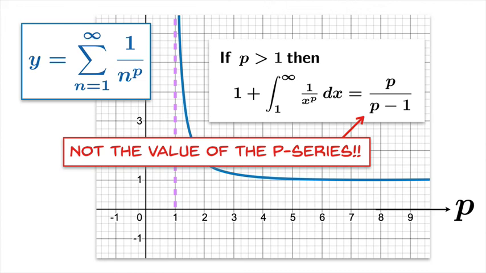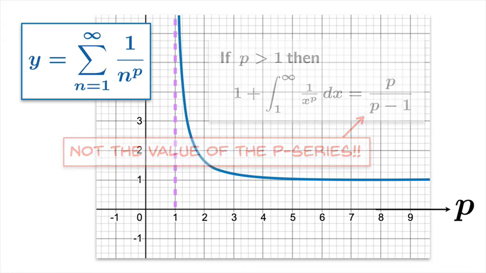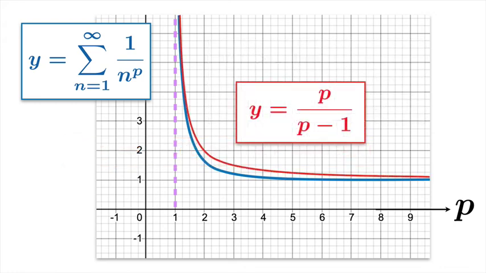It was a convenient bound for the sequence of partial sums, but it didn't actually relate to the value of the series directly. If you were to plot y equals p over p minus 1, you'd see that you get a different curve. Relatively close to the value of the series, but it's larger in all cases. It was an upper bound for the sequence of partial sums.